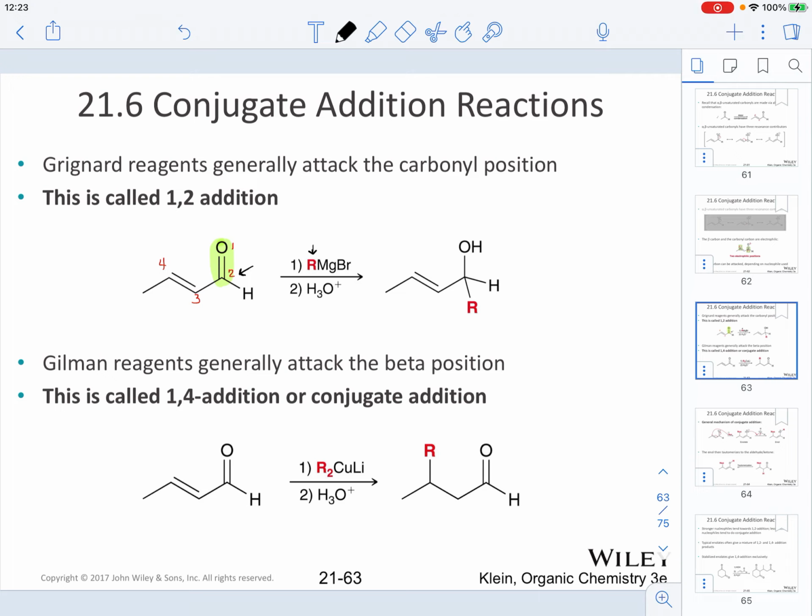Now, we have another set of reagents called Gilman reagents. When we have a Gilman reagent, understand that they generally attack the beta position.